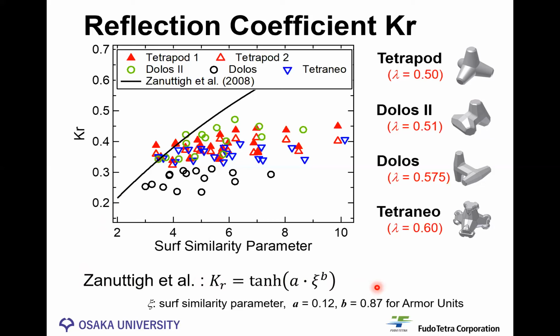The reflection coefficient for the wave dissipating block with larger porosity is smaller among Tetrapod, Dolos 2, and Tetraneo, red, green, and blue.